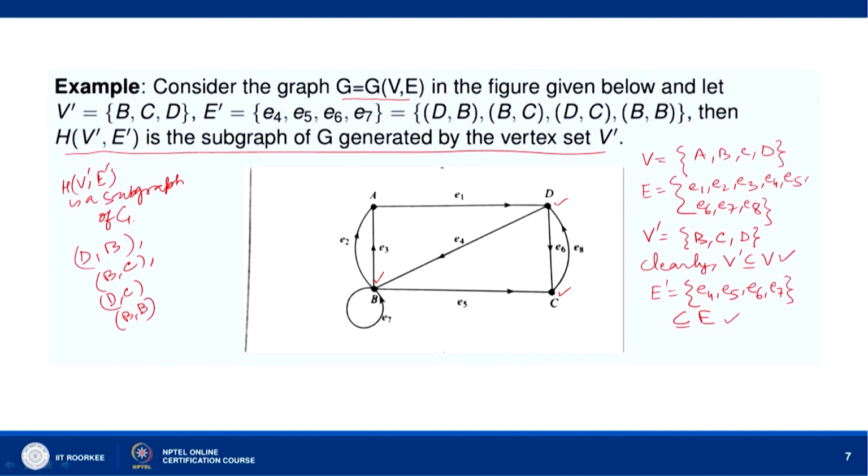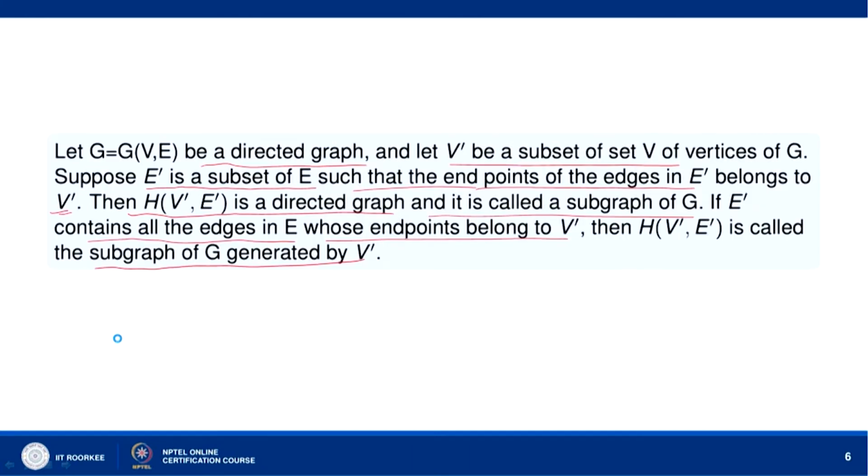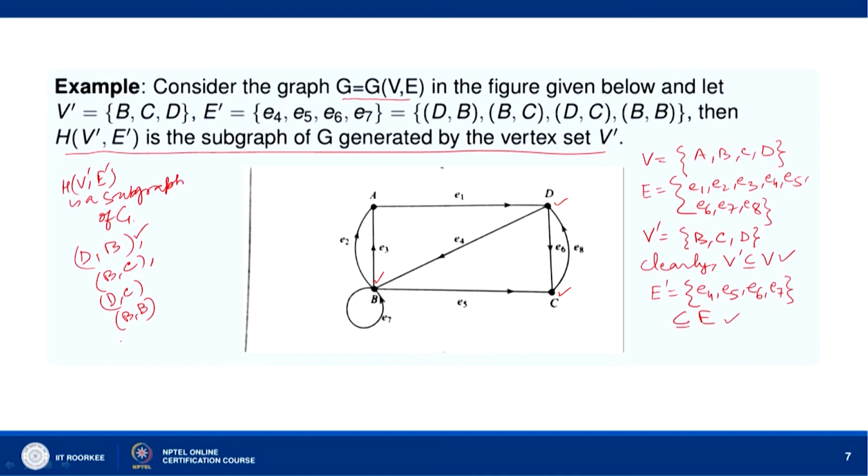Okay. So, the endpoints of these edges are, you see, for this edge the endpoints are D and B, for this one B and C, for this one D and C, and for this one B. So the endpoints are B, C, D. The endpoints of the edges of E dash are B, C, D, and they clearly belong to B dash.